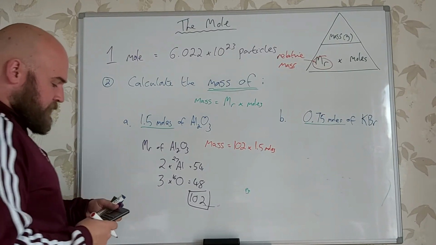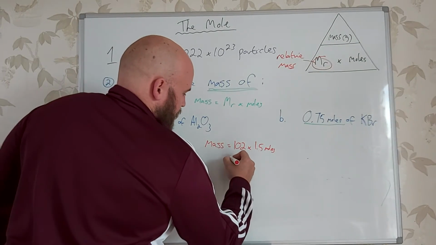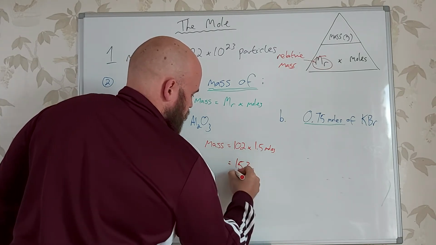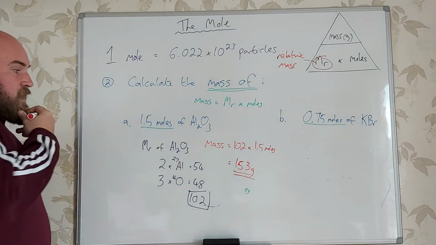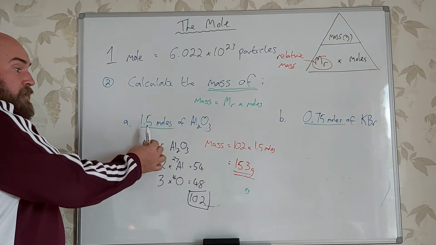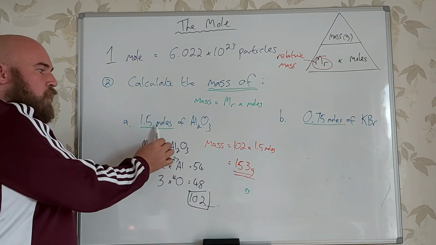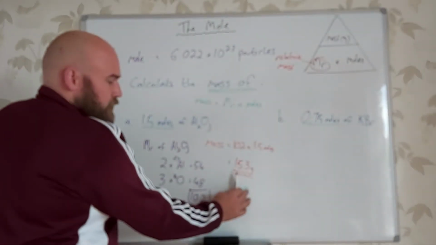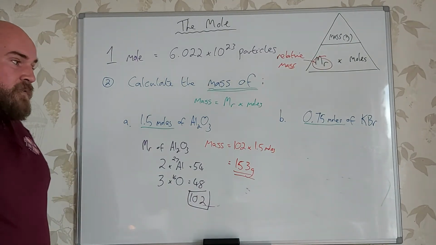Oh, sorry, 153. Yep, so 153 would equal that. So if I told my technician, can you please weigh 1.5 moles of aluminium oxide, he or she would go away and weigh that many grams, 153 grams.